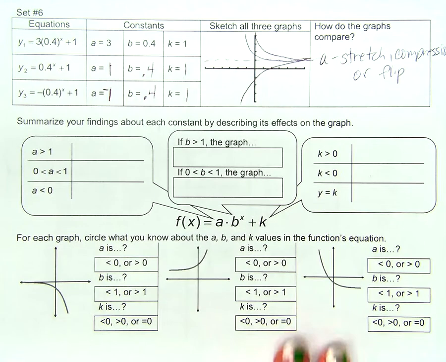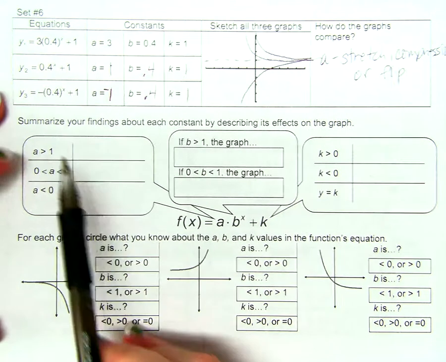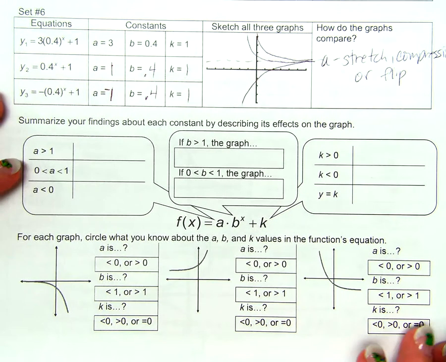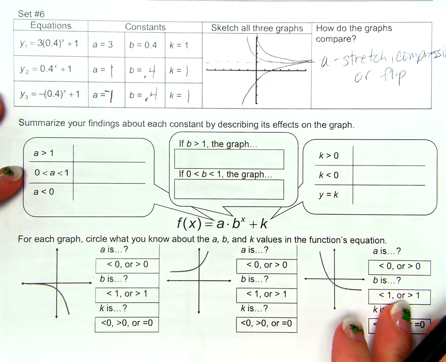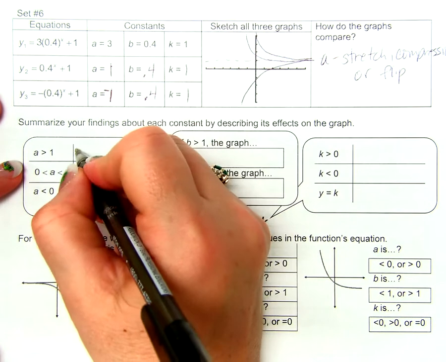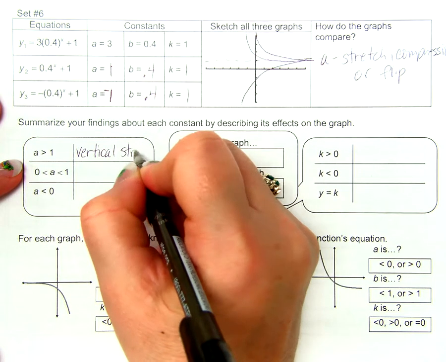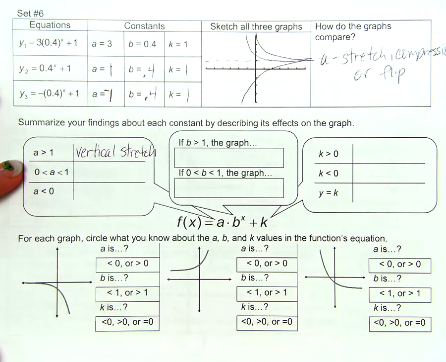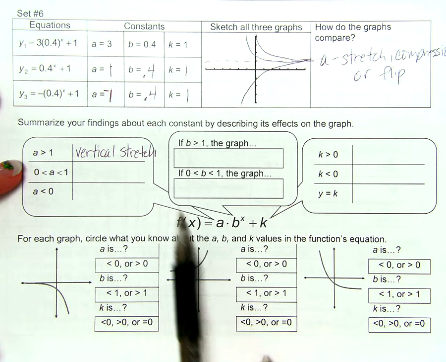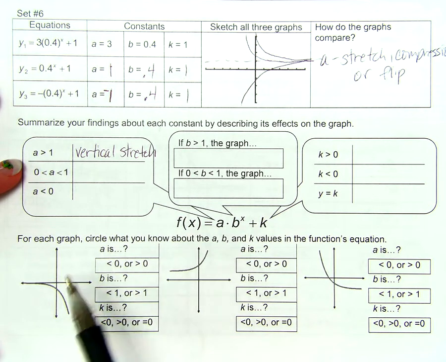Let's summarize what we figured out. When A is greater than 1, what happens? Look back if you need to. Very good. Vertical stretch. Wait, isn't that what it was before? Yes.